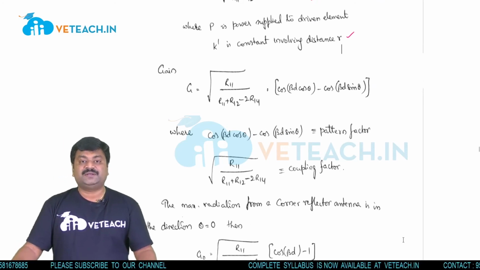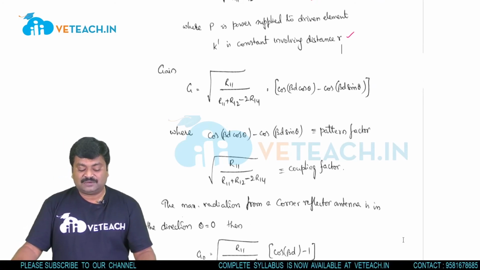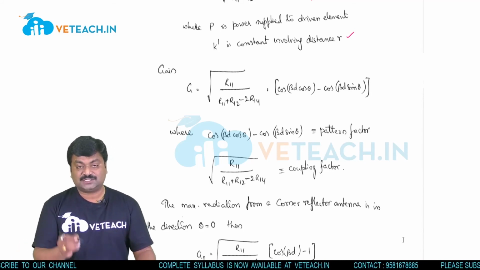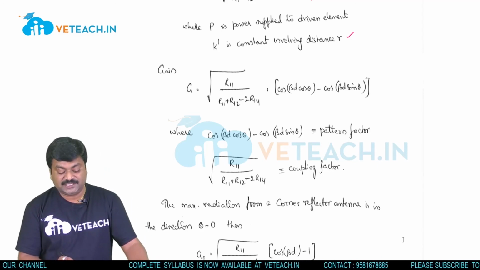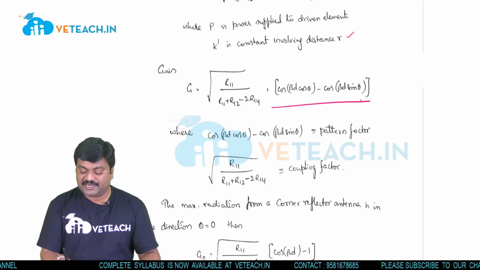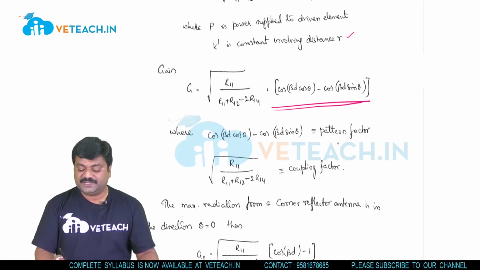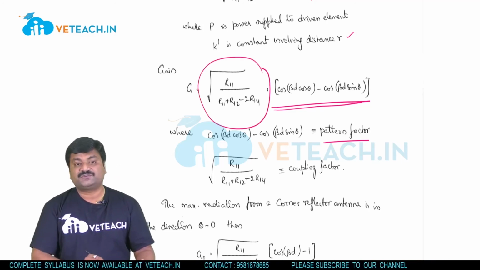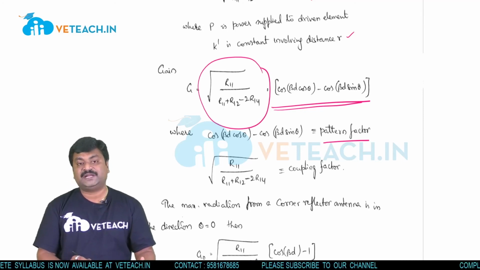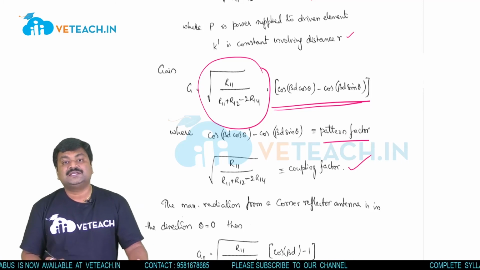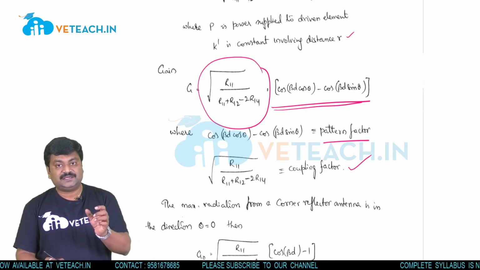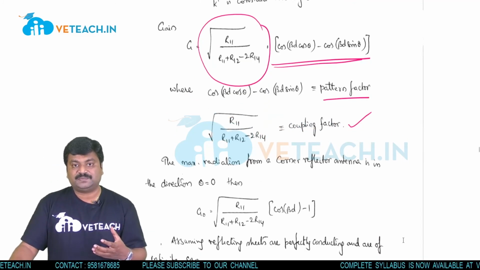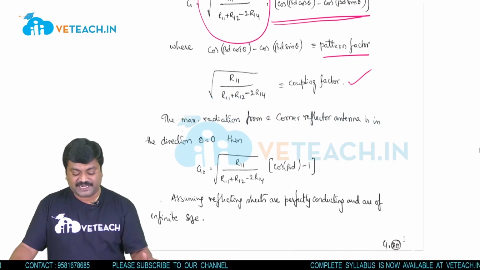The gain is given by square root of R11 by (R11 plus R12 minus 2 R14) into [cos(beta d cos theta) minus cos(beta d sin theta)], where the entire cos term is considered the pattern factor, and the square root of R11 by (R11 plus R12 minus 2 R14) is taken as the coupling factor. This pattern factor and coupling factor will give us more of a relationship on in what way the beam pattern is more directive.